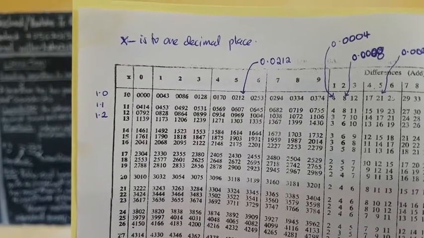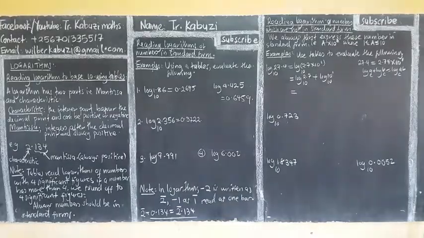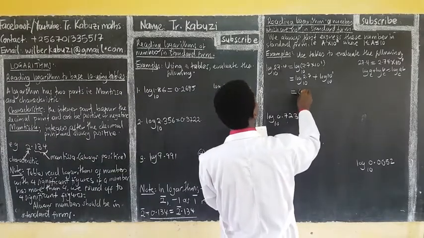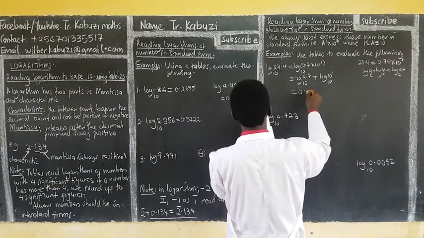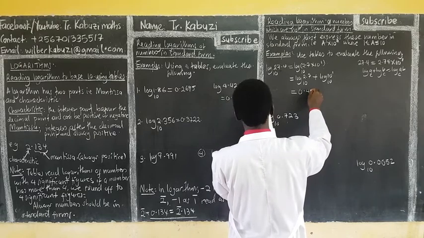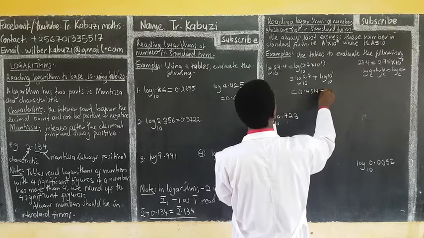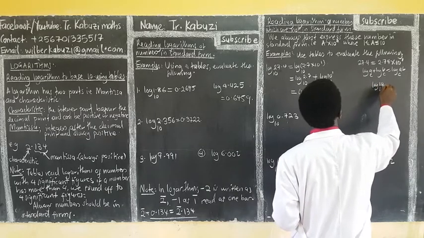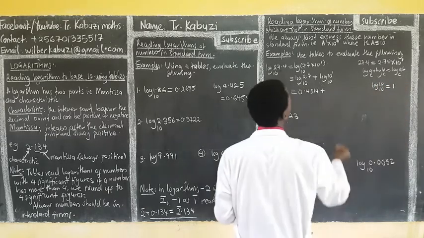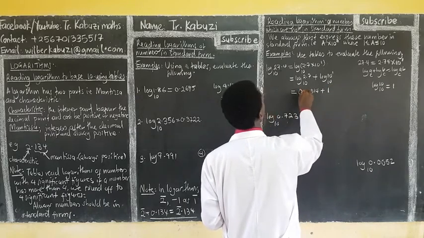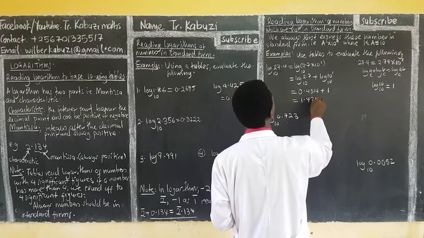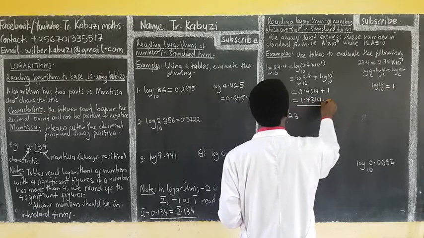It will be 0.4314. Plus, we say now log of 10 base 10, this will always be a 1. So we are adding here 1. Then you add this plus this, it will be 1.4314, and you are done.